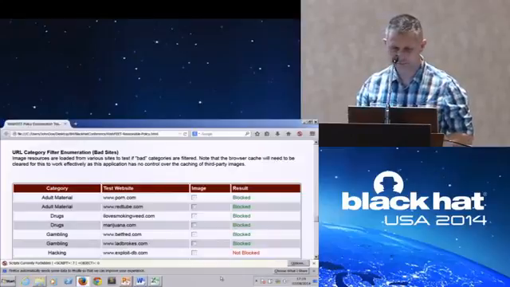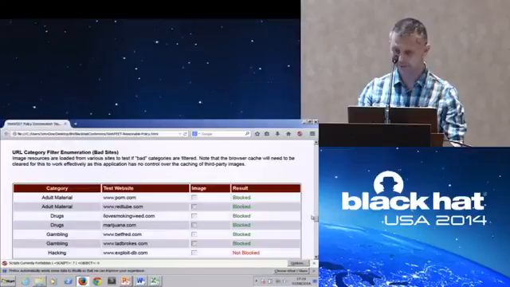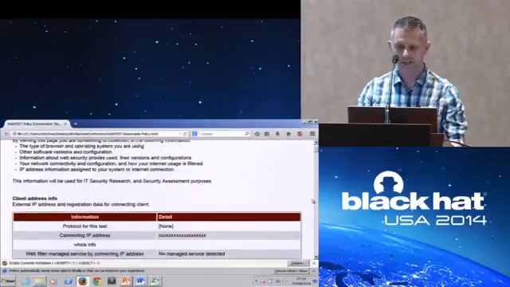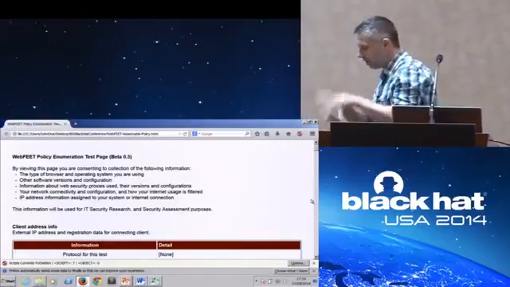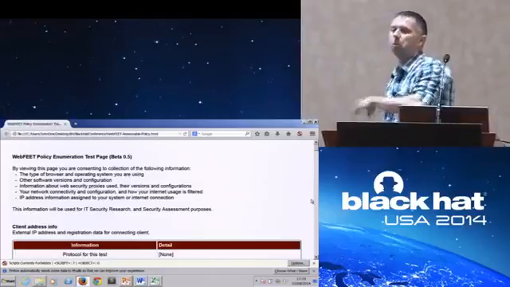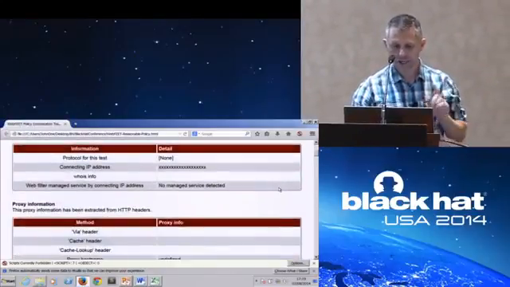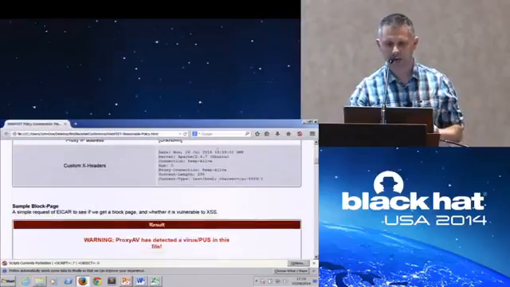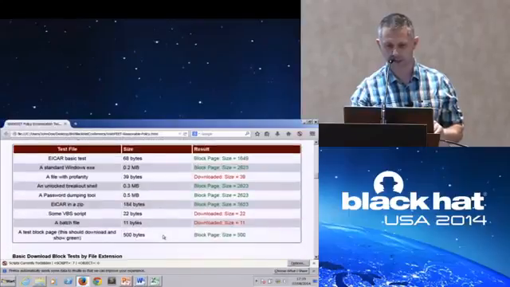As I said, the reason that we're enumerating the block pages is we're actually blocking threats. So the way the application works is that it does all these tests and then it uploads a report to the back-end web server. And here's one of the example reports that I've pulled back over the last few weeks. And I've obfuscated who the organization was, and I've taken some of the detail out there.